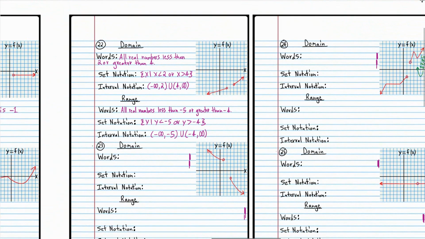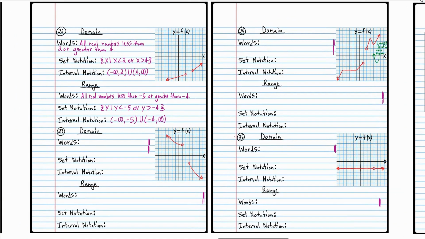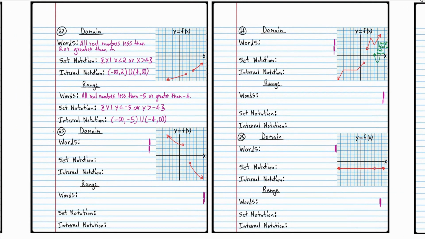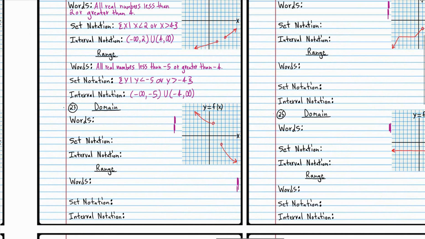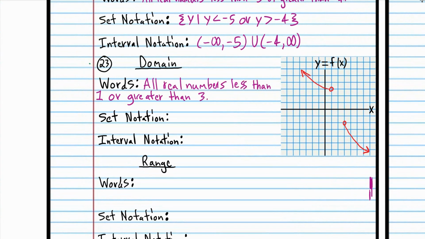So now it's time for you to try one of those problems. Try 23, and when you come back, we'll do it together. Okay, we're back. The domain is all real numbers less than 1 or greater than 3. So it's the set of all x values such that x is less than 1 or x is greater than 3.